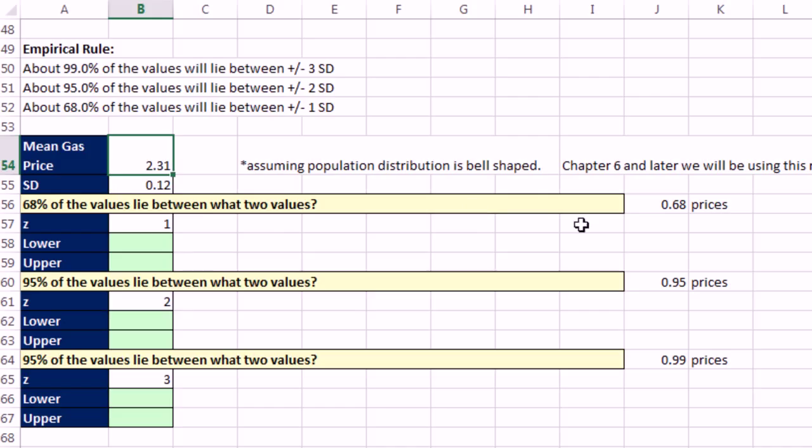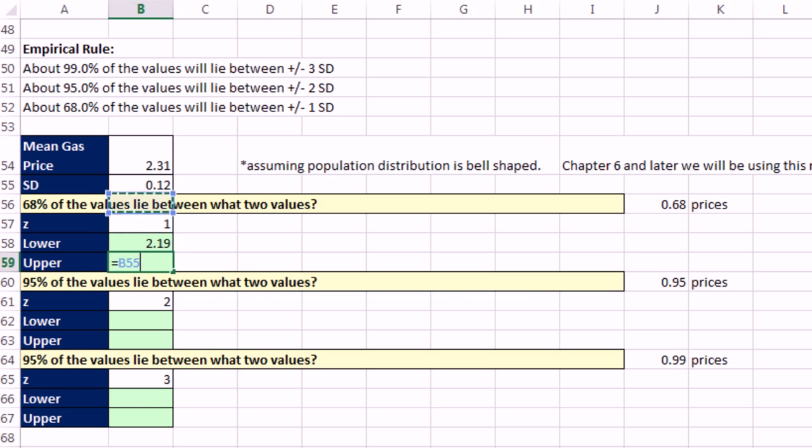So the average price is 2.31 with a standard deviation of 0.12. We're assuming that the population is bell-shaped to use this rule. So for 68%, I'm going to take the average and subtract 1 standard deviation times 12 cents. So the lower would be $2.19 for a gallon of gas.